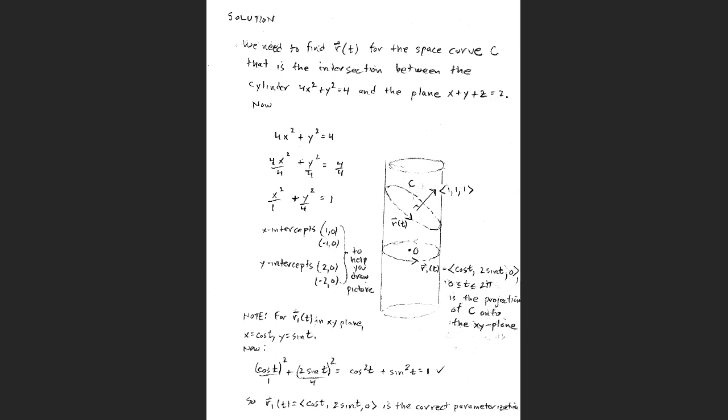So we need to find r of t for this space curve C. That's the intersection between that elliptical cylinder and that plane.